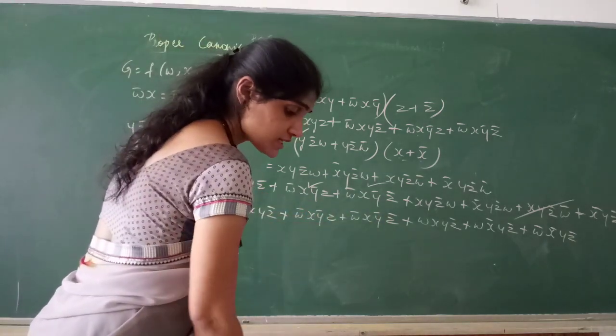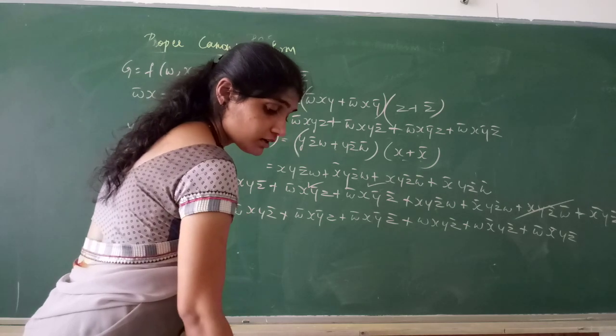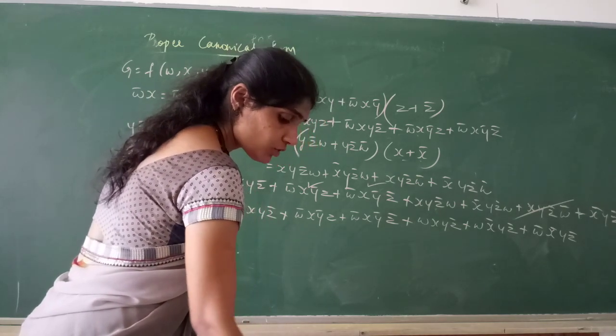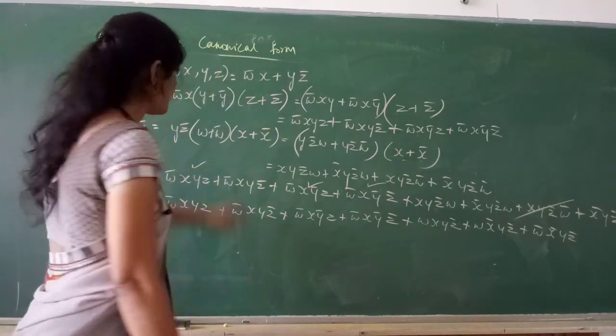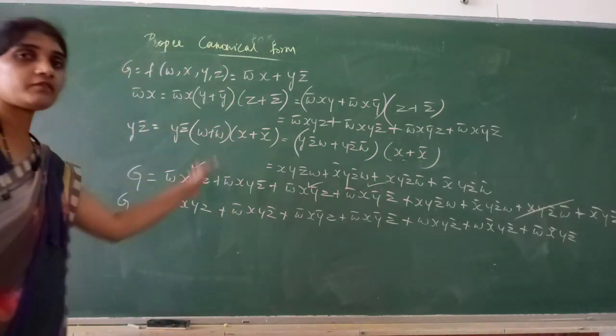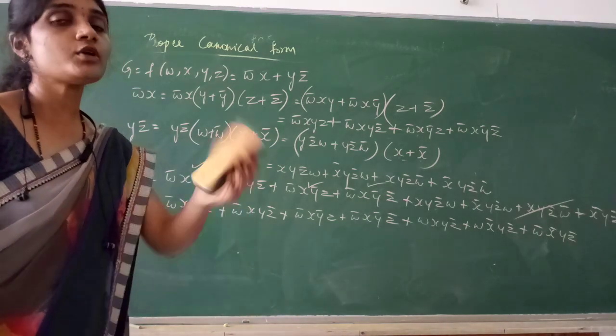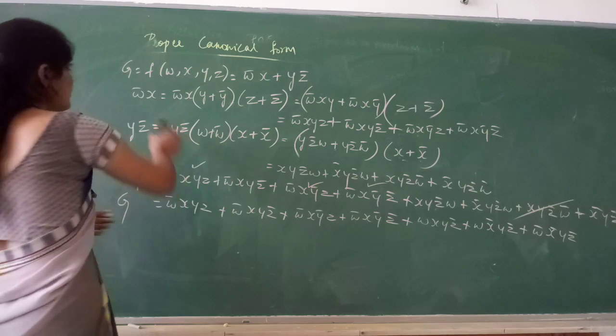Now the next question is, if I give you a POS equation, how to put that POS equation into its canonical form? SOP equation canonical form we have learnt. If I give you a POS equation which is not canonical, how do you put that into canonical POS form?